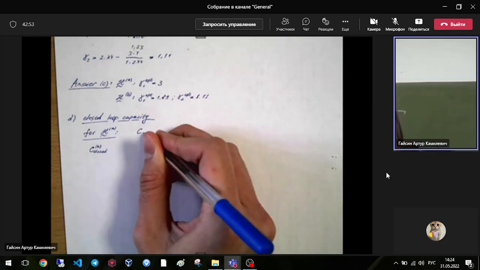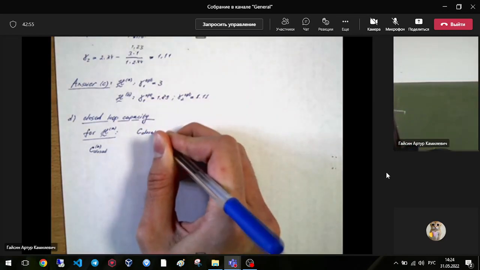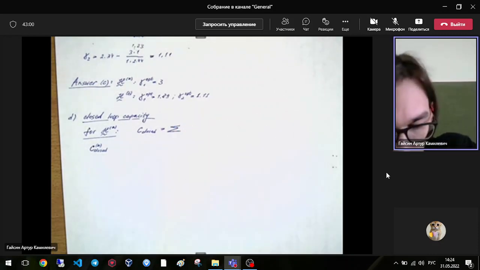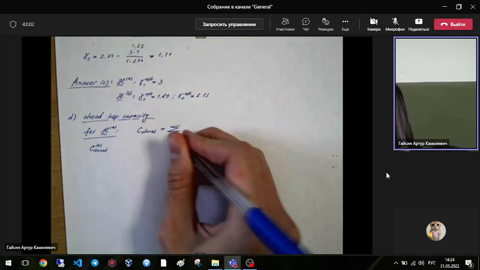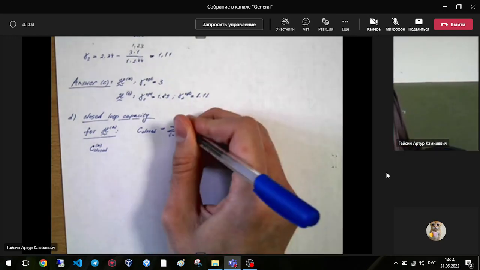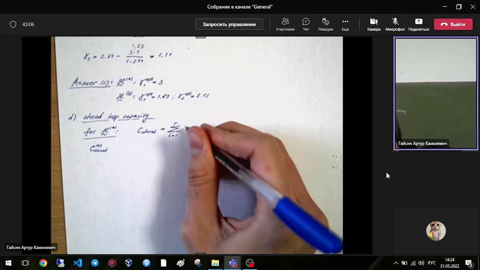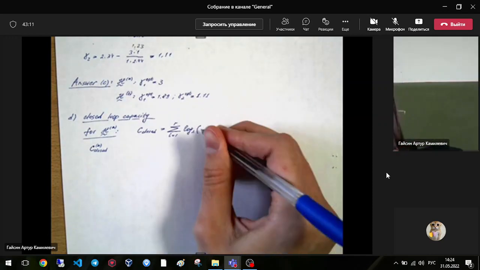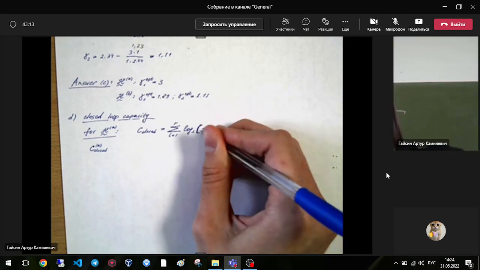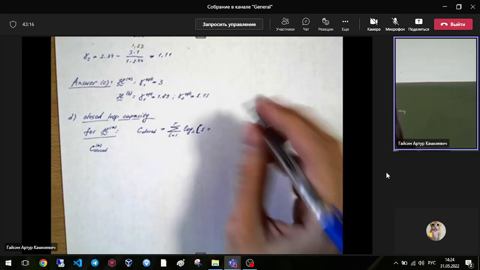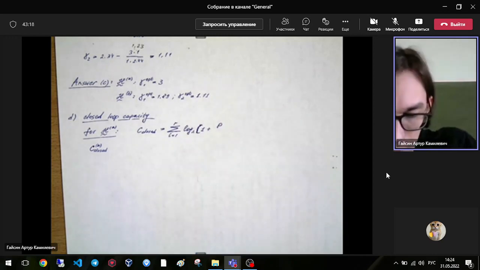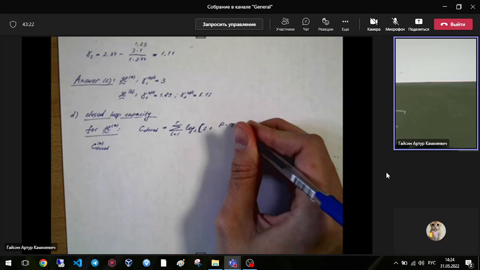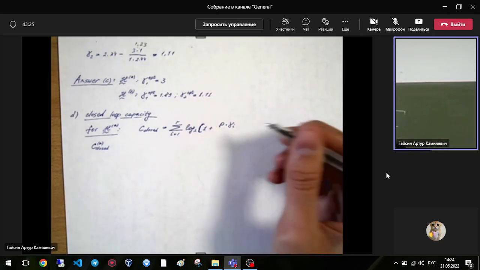So C closed is equal to the sum which goes from i equal to 1 up to R. And here we have logarithm base 2 of 1 plus the same thing, P divided by MT times sigma squared, but here we have this power allocation value omega i.